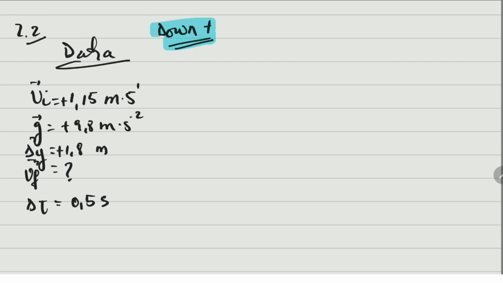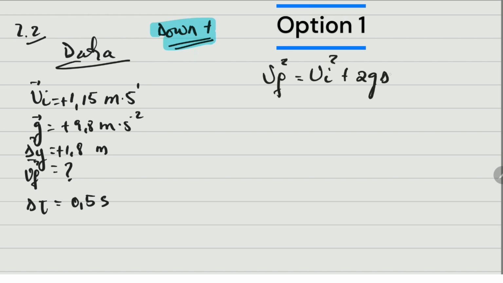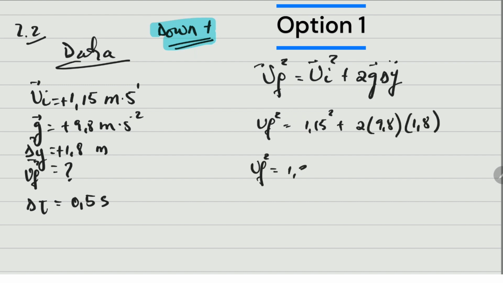Okay, so this is the data. Let's see what formula we can use. And because it's a speed, you don't have to give a direction.